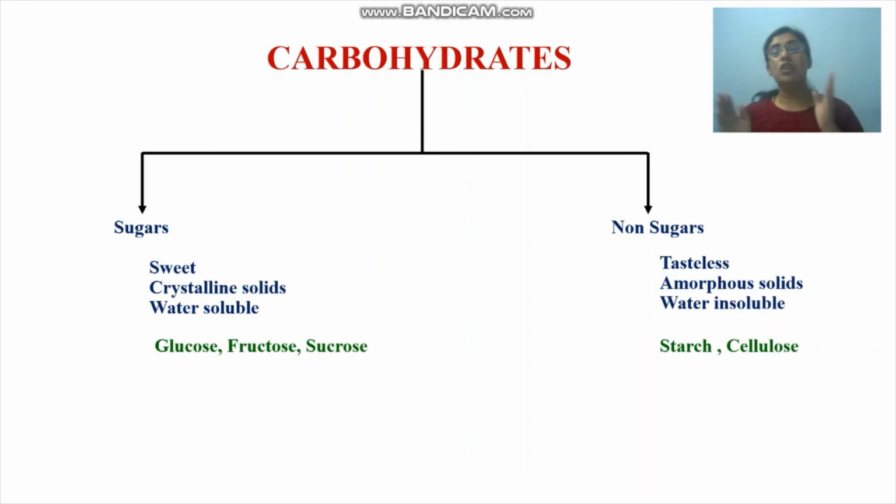And non-sugars are the exact opposite. They are tasteless, amorphous solids, and water insoluble, like starch and cellulose. Usually, the monosaccharide groups are called sugars, and the polysaccharide groups are non-sugars.